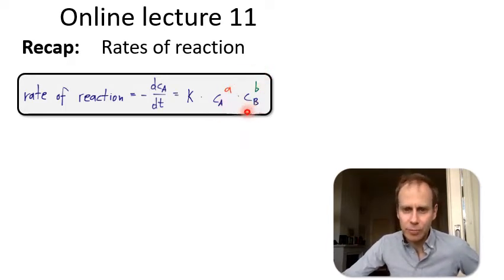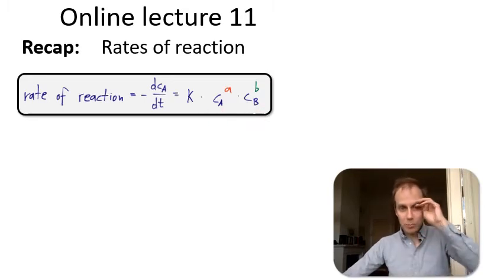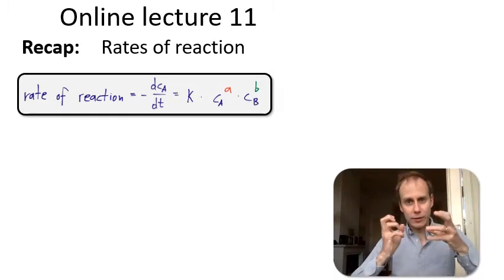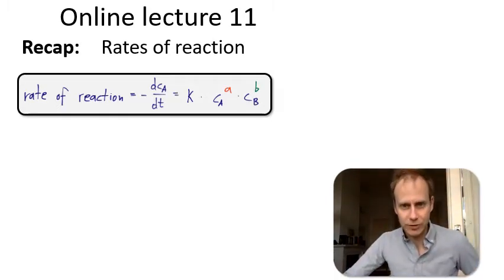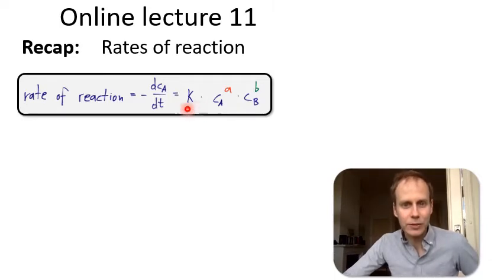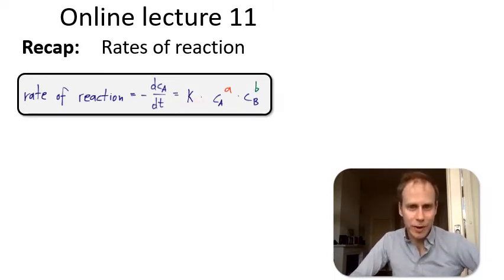So this part here is basically modeling the probability of the reagent molecules to collide with each other. So that's why it has this concentration dependence. But this part here is a function of different parameters, and we'll talk more about this today.